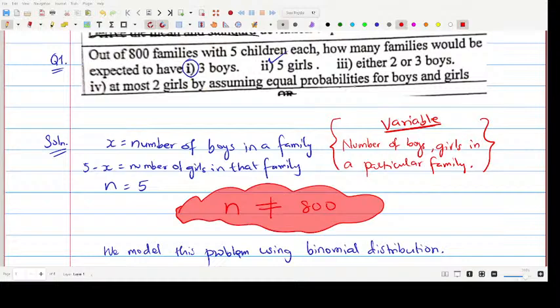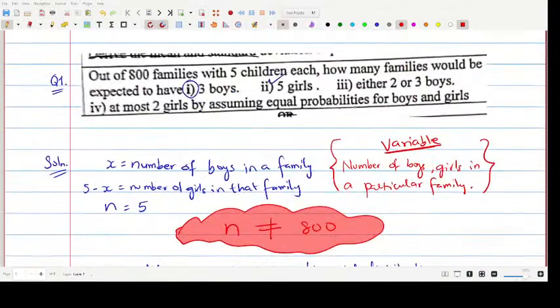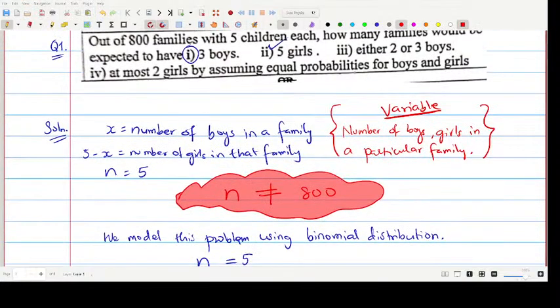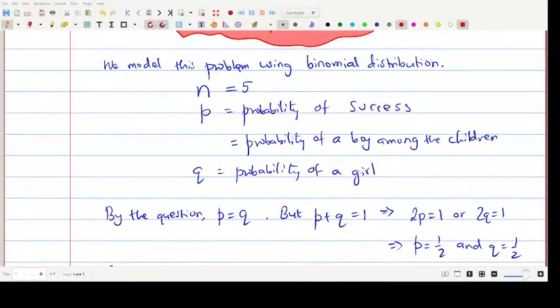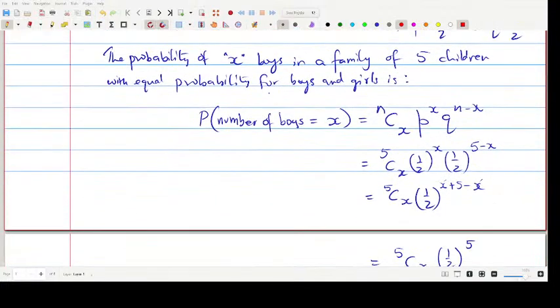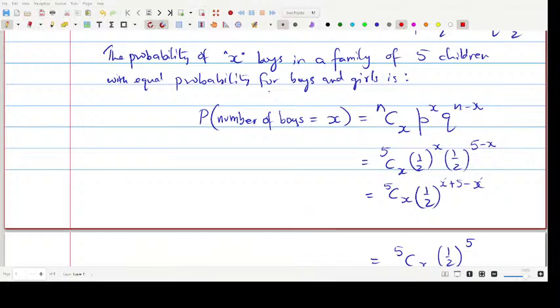Of course, the possibilities are half for each of them, since in the question it is given that we assume equal probabilities, right? So since the probabilities are equal and these are the only two possibilities, the probability of success and the probability of failure, p and q respectively, are equal to half. And once we have identified that, we use the binomial distribution function, right?